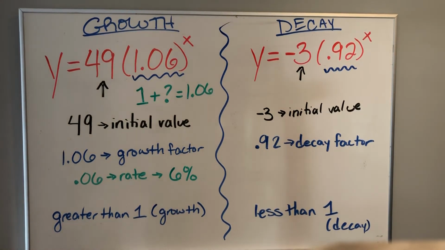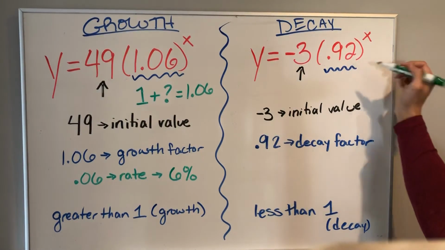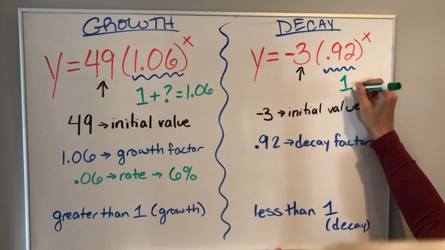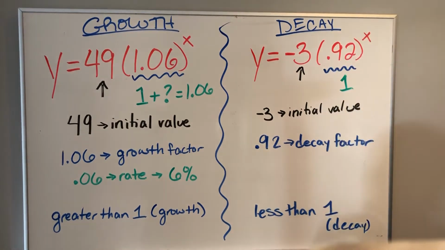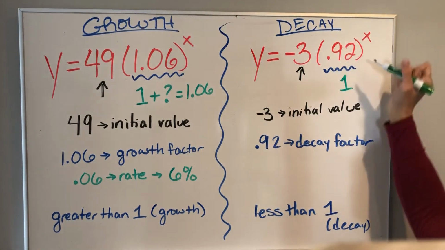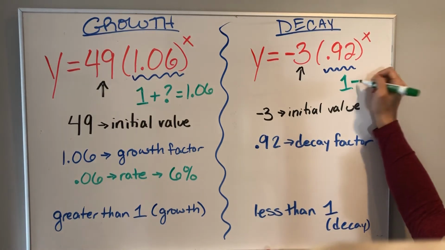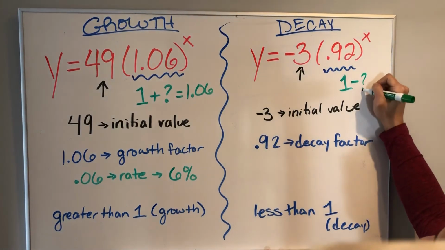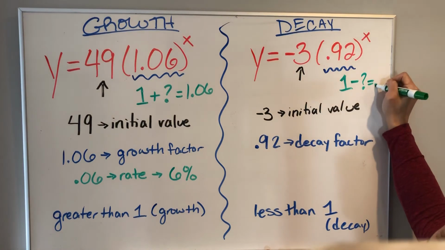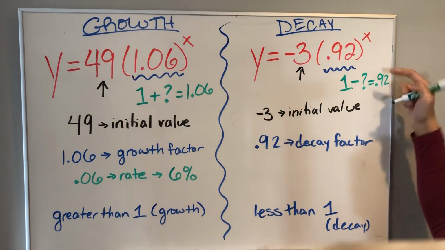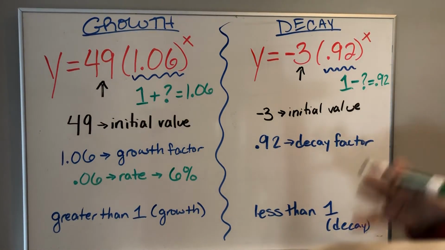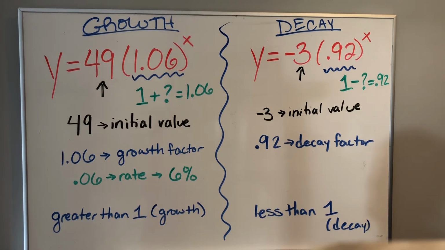Okay, so let's go over here to the right side and do the same thing. All right, again, we're going to think about the number 1. Now since this was decay, this is less than the number 1. So this time we have to think 1 minus what equals 0.92. So now this one's a little, we have to actually use our brain. Maybe we need a calculator.